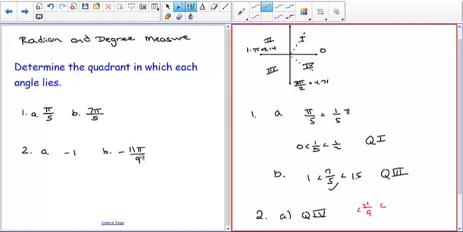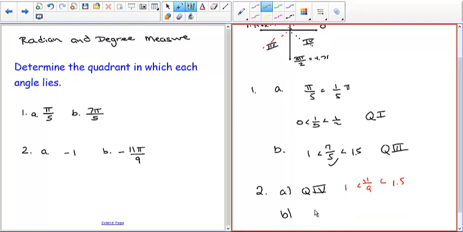And this is a multiple of pi, so we can use the original thing. So this is 1 pi, this is 1.5 pi. If you plug 11/9 into your calculator, you'll get some number between 1 and 1.5. So it's in quadrant 3. So that's here. Now if you do the minus part, instead of going around this way, you go around that way. It gives you that x-axis reflection. So in this case the answer would be quadrant 2.